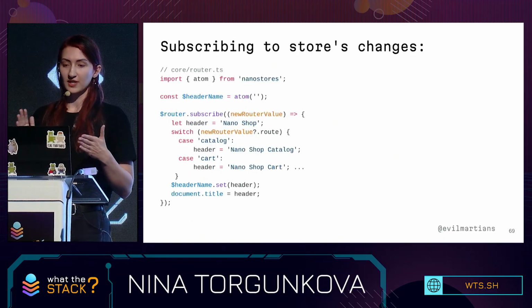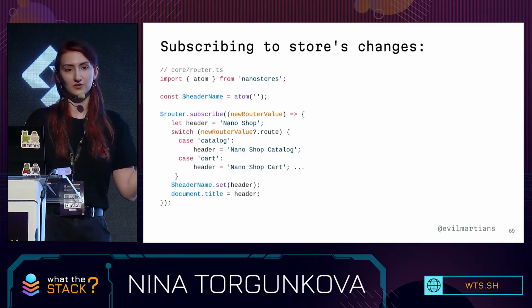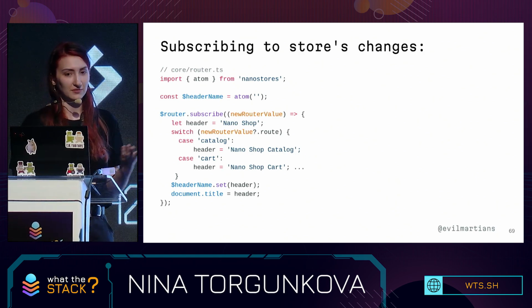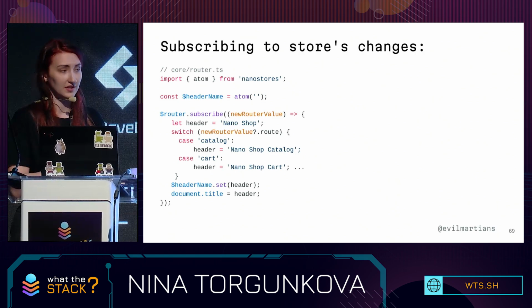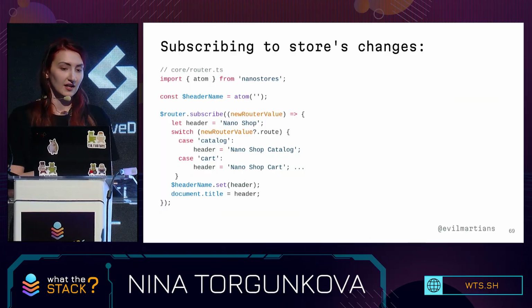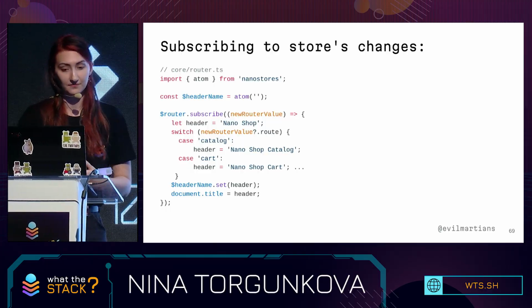Now we subscribe to storage changes. And we also may want to subscribe to storage changes not in a component, but just in a plain file. Here in router.ts we create a new store that is called header name, and we subscribe to router's change. It's also a valid syntax.